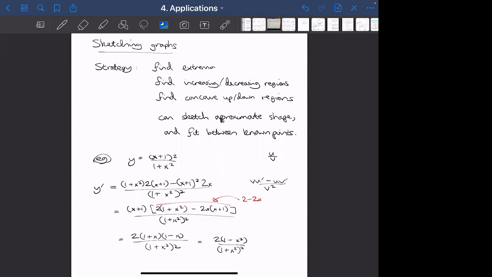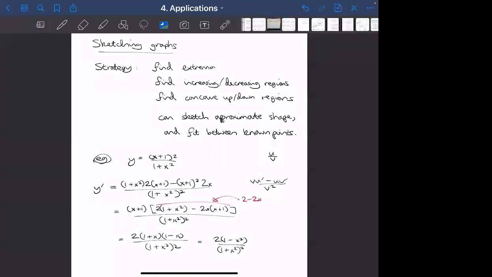Okay, so I completed the calculation in the break. It's just rearranging this, but you get a nice answer at the end here: 2 times (1 minus x squared) over the square of the original denominator.